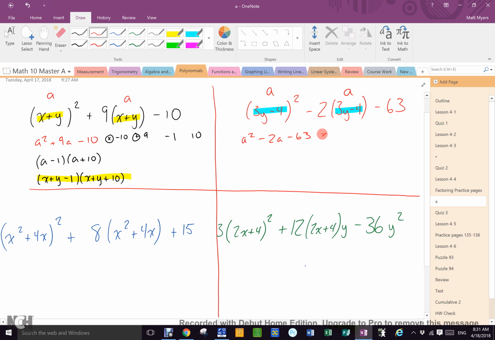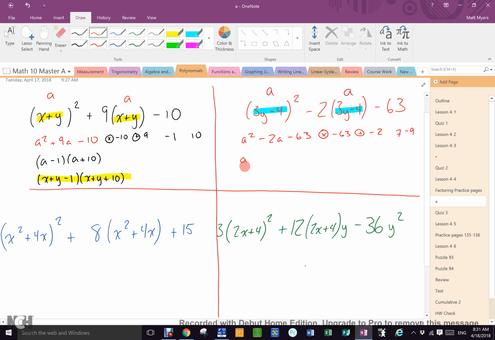I need numbers that multiply to negative 63 and add to negative 2. Is it 1 and 63? Is it 3 and 21? Is it 7 and 9? Yes. How will 7 and 9 go together to make negative 2? 7 minus 9, correct?